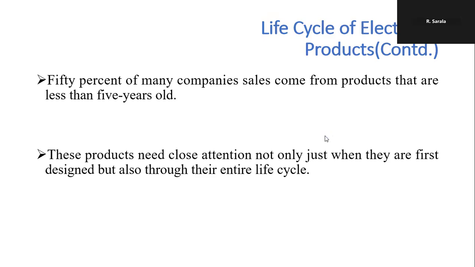For example, it is important to recognize that nearly 50% of the sales in many technology companies come from products less than 5 years old. Hence, understanding the life cycle of a product is essential to maintain the competitive edge and deliver consistent innovation.